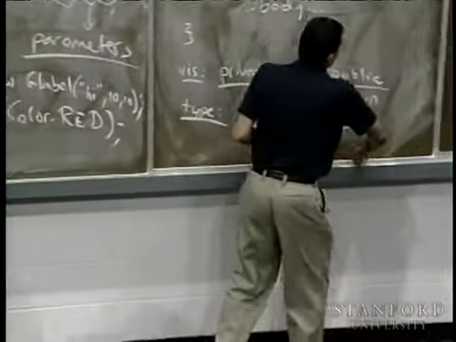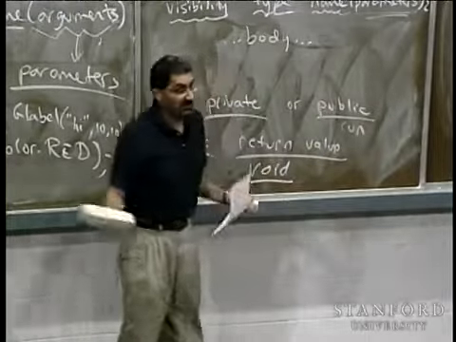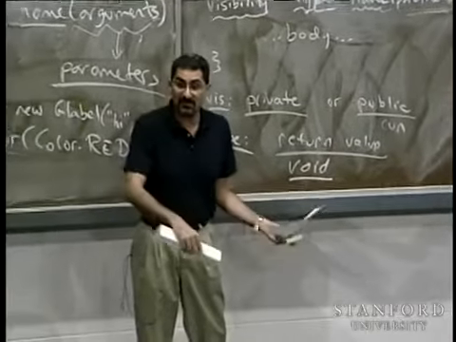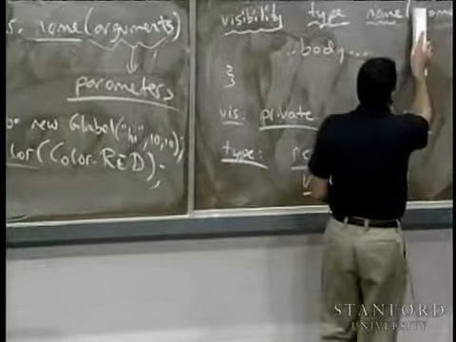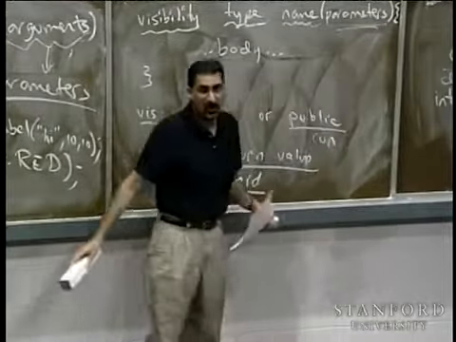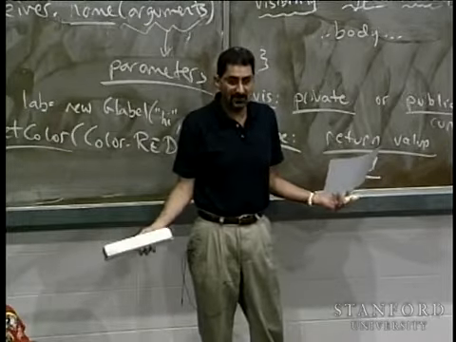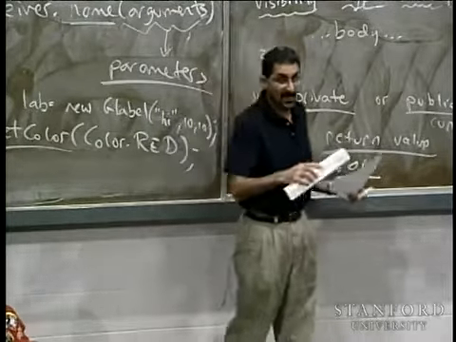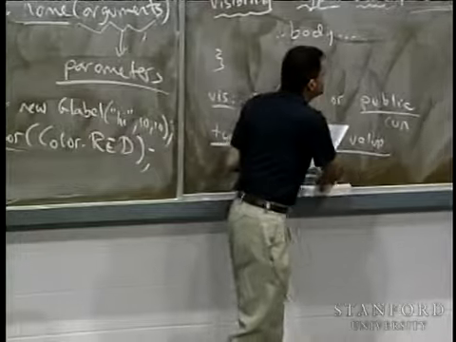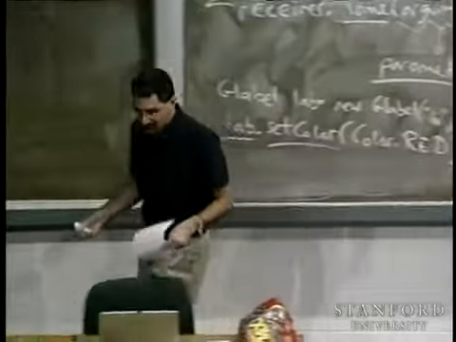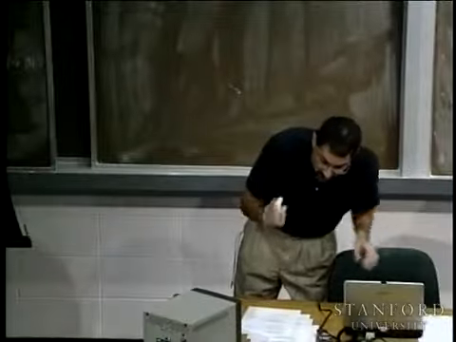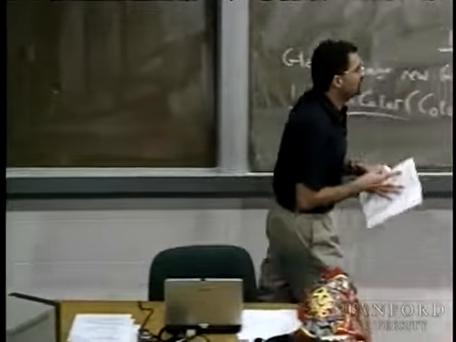Some functions may have no parameters, like the functions you wrote in Karel. There was no information passed into those functions, in which case the parameter list was empty and all you had was open parens, closed parens, which means there are no parameters for this function. When you call it, you just say the name of the function and open paren, closed paren. Okay? So with that said, let me show you one more thing and then some examples.